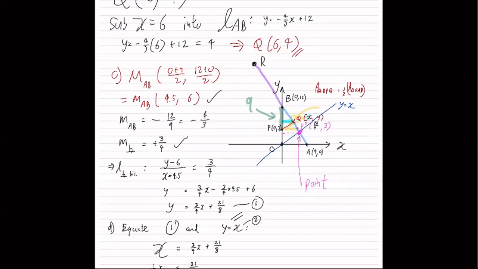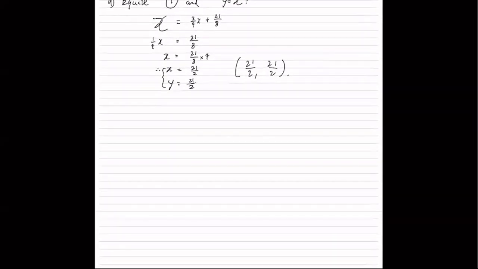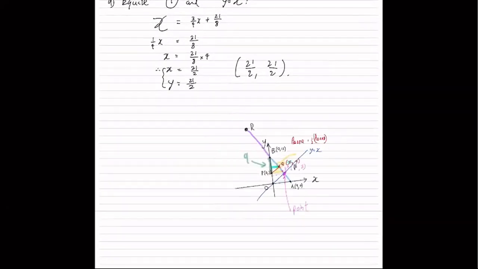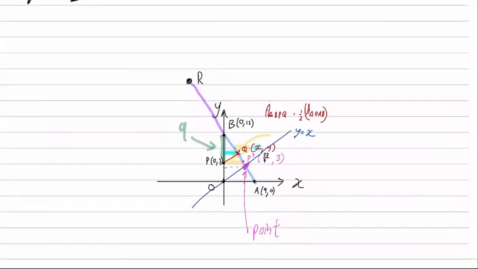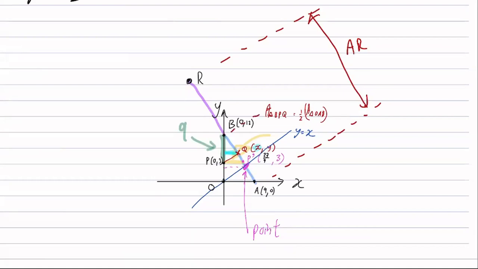Let me just copy down this diagram. AR equals 5/3 of RB, right? So I'm just gonna label this length like this. This is AR. It's 5/3 of RB. Where's RB? Here is RB.